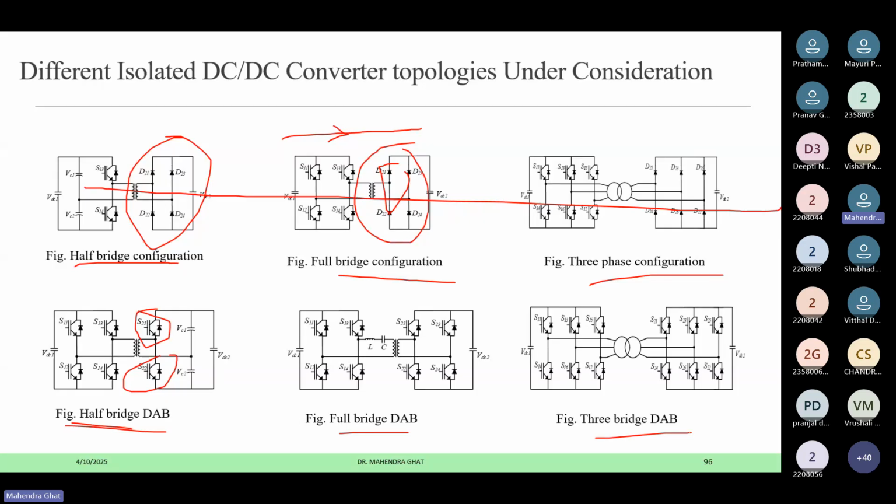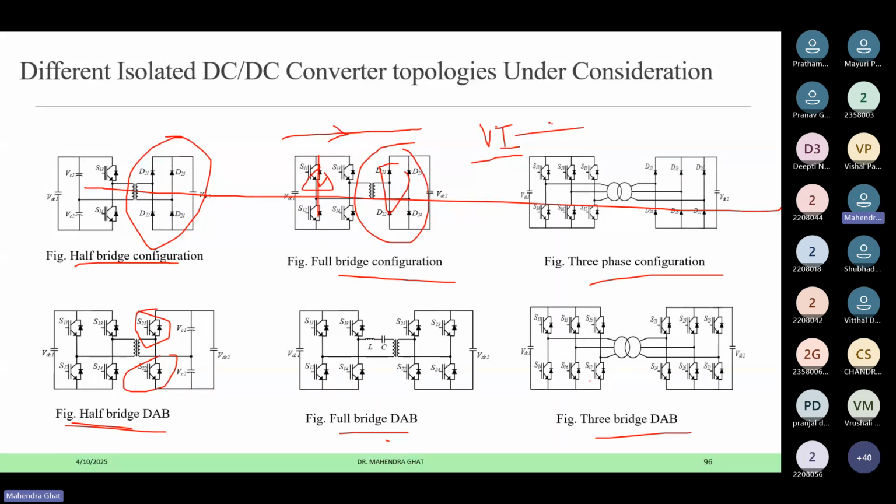There will be some voltage drop, and some current flowing through it, so there will be a loss of V into I. Whatever current is there and whatever voltage drop is across any switch, that much loss will be there.